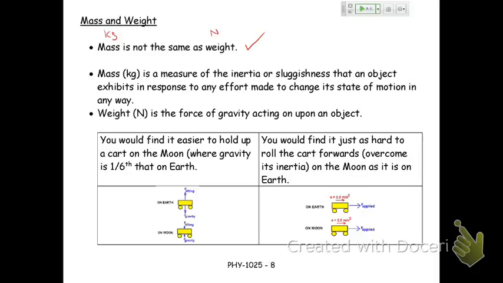Here's the example. You would find it easier to hold up a cart on the moon, where gravity is 1/6. So 1/6 the gravity means 1/6 the weight. You're just as strong as you were before. You would find it just as hard to roll a cart forwards to overcome its inertia on the moon as on the earth, because inertia is inertia.